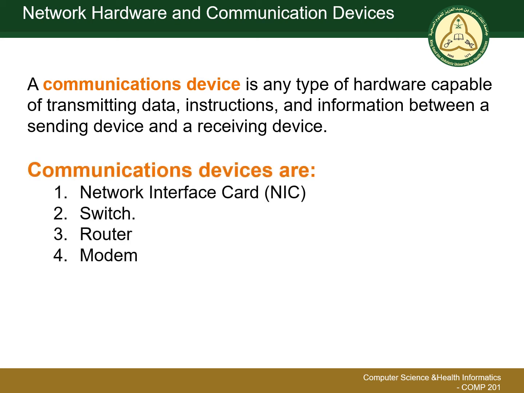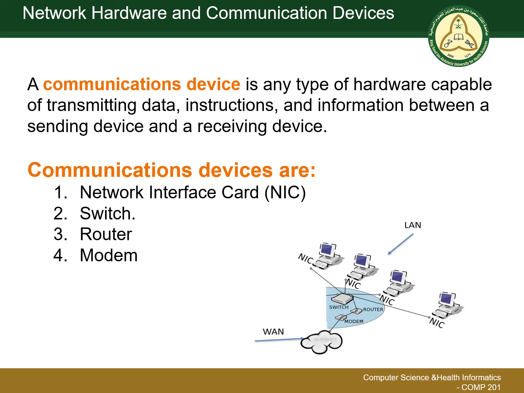Those communication devices could be a network interface card, or NIC card, switch, router, and modem. Those are the 4 different communication devices. Let's talk about them one at a time. First of all, this can depict what we just mentioned.